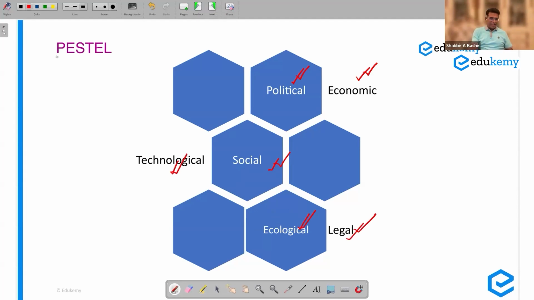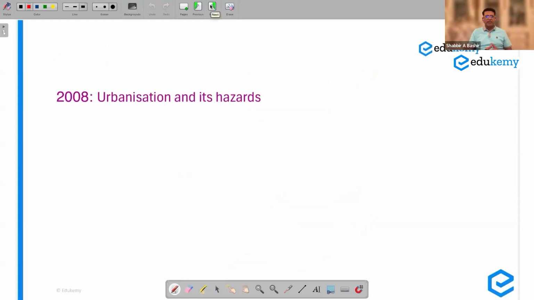If you can cover these aspects of a topic, we call that the PESTEL principle. Take up a topic, write about the political relevance, write about the economic relevance, and so on. The PESTEL is one of the most popular methods of how to elaborate a topic.